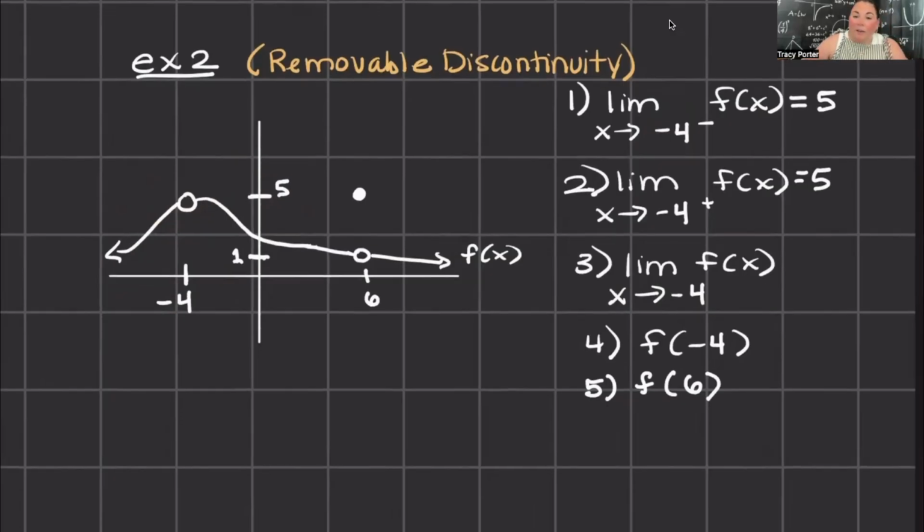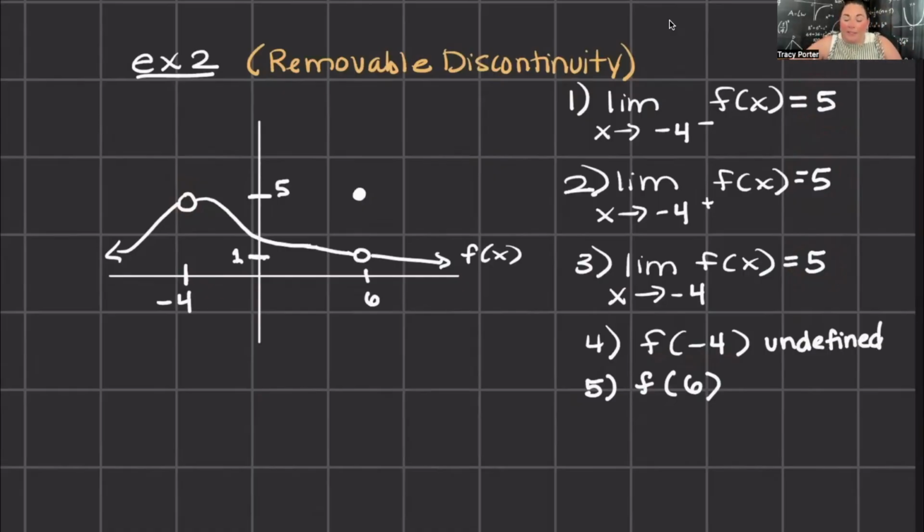Which means that for question 3, the limit as x approaches -4 is actually going to be equal to 5, because the left and right-hand limits are the same. Now, f of -4, well, at -4 itself, it's an open circle. So this is just going to be undefined. Okay, so f of -4 is just undefined.